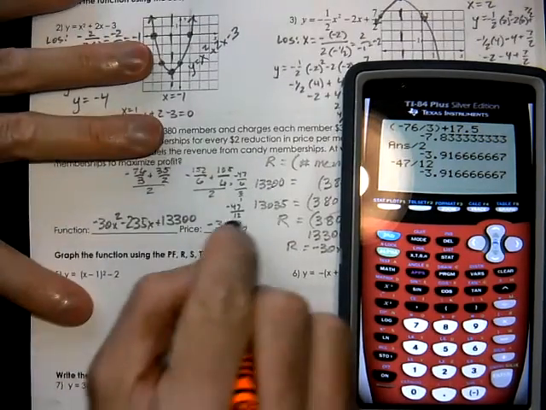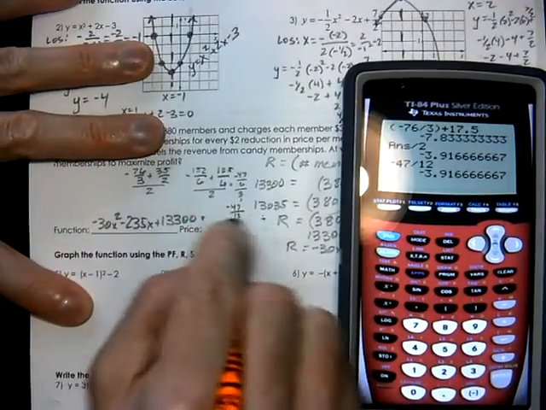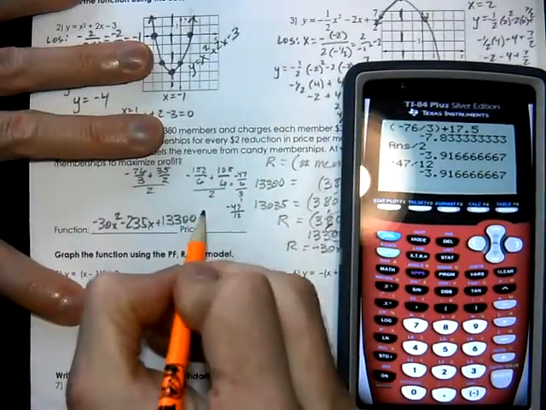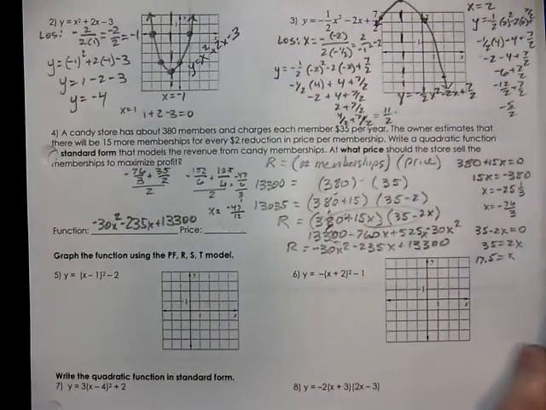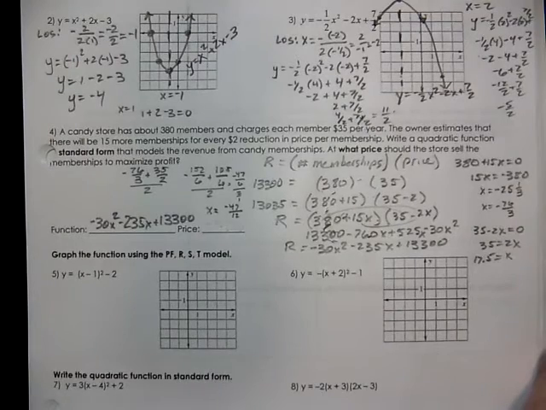That's not the price, alright? That is our line of symmetry. And then we take that value and we plug it back into the equation. This is a pretty messy question. But okay, we're doing just fine.